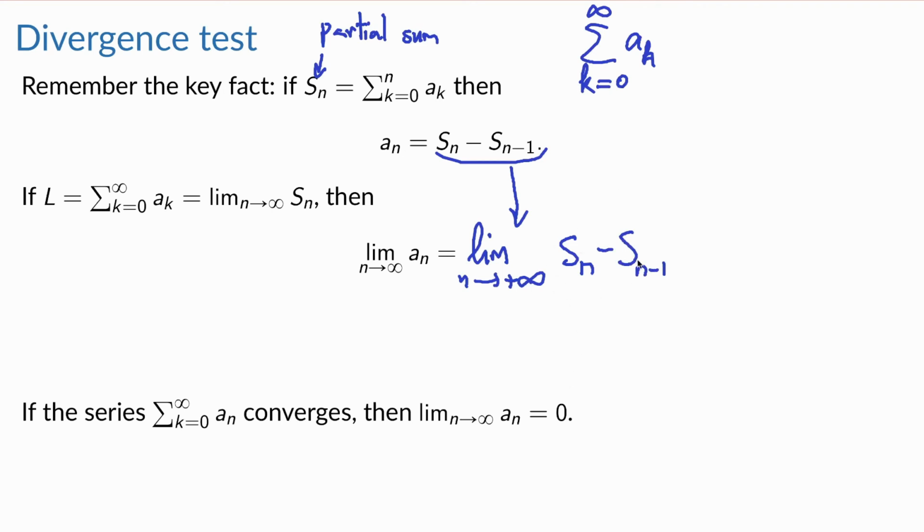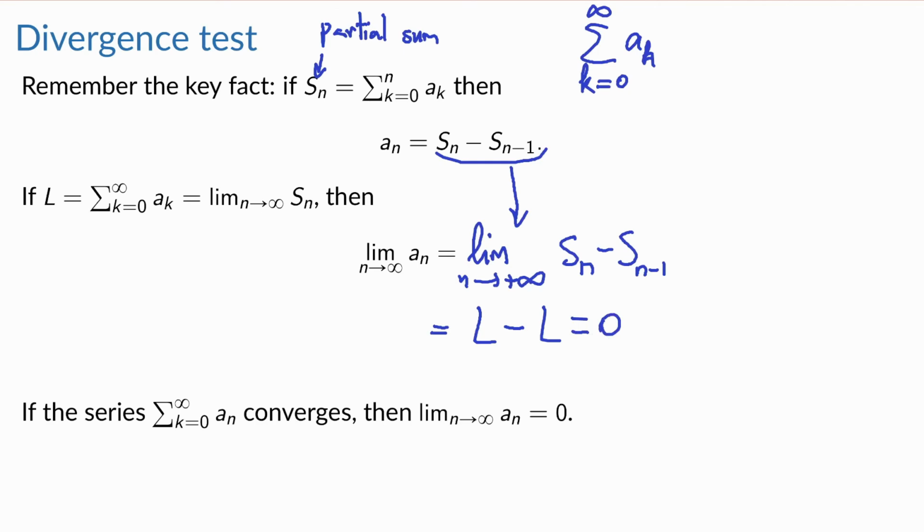And now as n goes to infinity, we just said that this had a limit of L by our assumption over here. But also Sn minus 1 also goes to L. So that brings us to L minus L, which gives us 0.